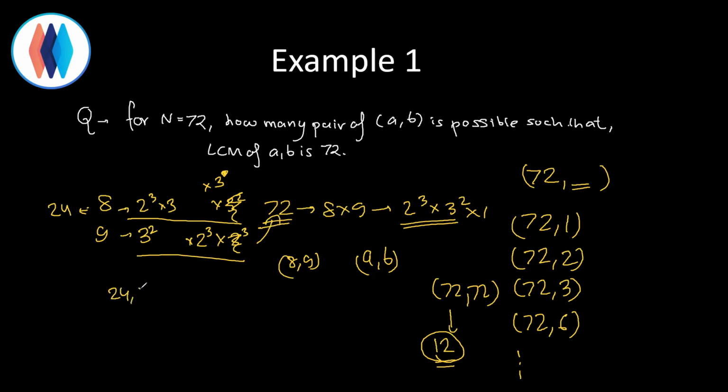So 24 comma 9 is a pair like that. Similarly, if I multiply this side by, let's say, a 2, I have 8 comma 18, and similarly I have 9 comma, and I can't multiply it by 3 to the power 2 because that is basically 72 comma 9, which would be considered a set of these, right?